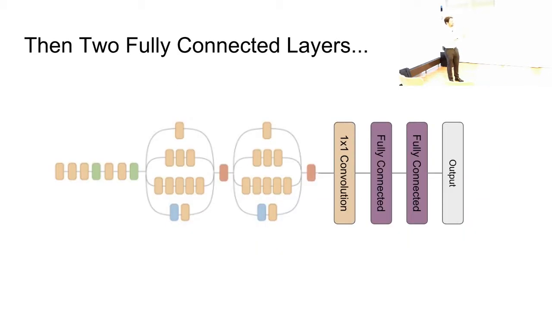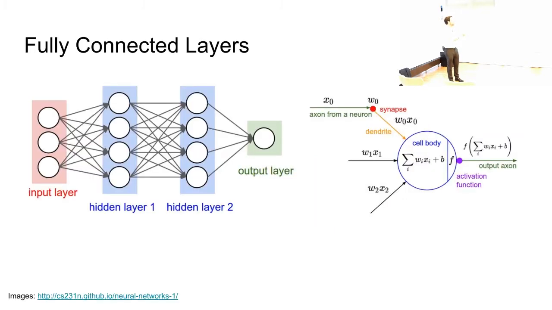Then we do two what are called fully connected layers. Here, unfortunately, we no longer get to see what the network is doing, because we're going to take those images and just squash them into one big list of numbers. A fully connected layer just means that we are then going to choose any linear combination of those numbers. So the input numbers here are the x's, and we're going to train the w's, the weights, for those.